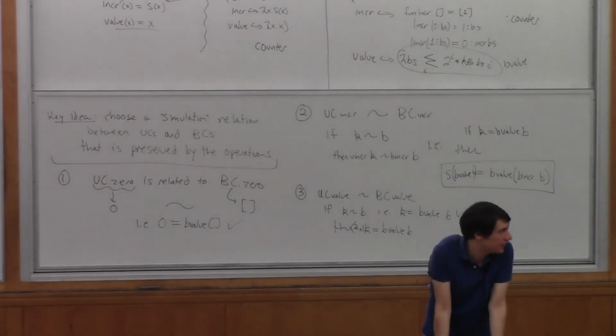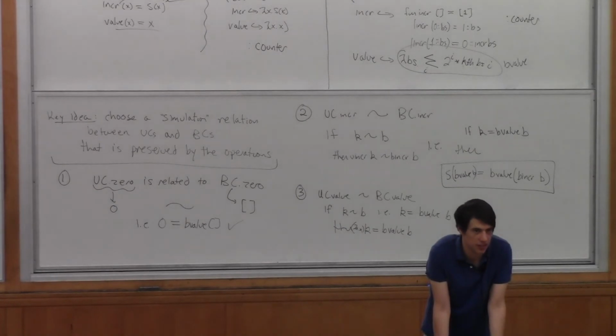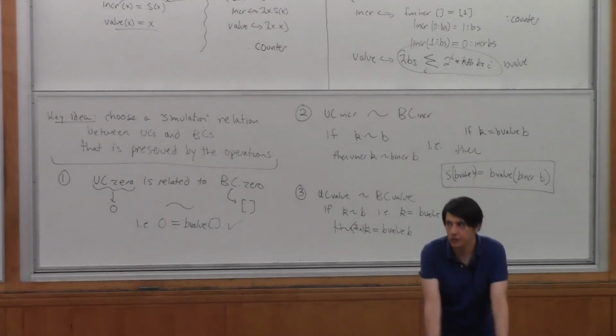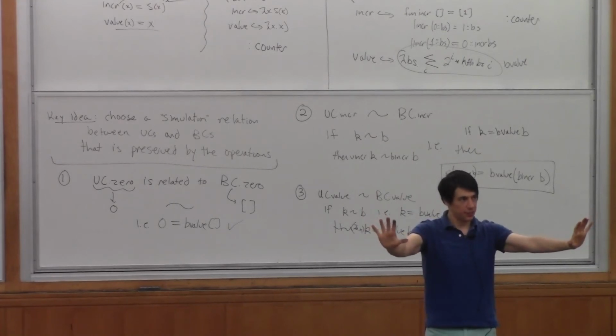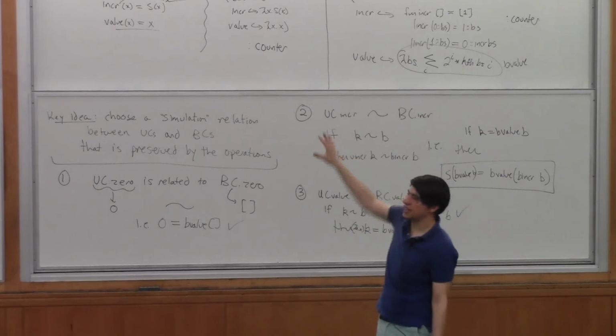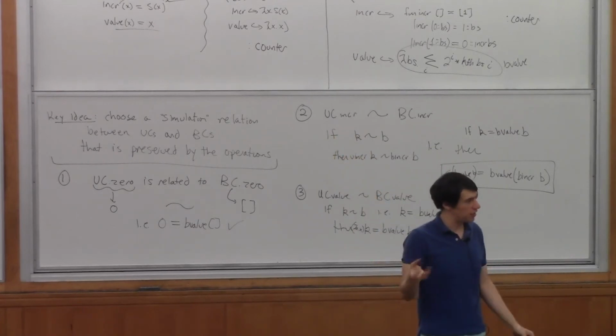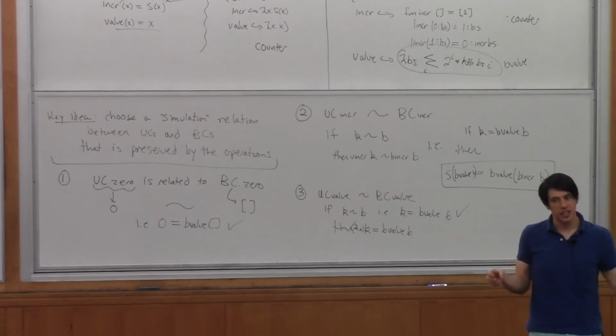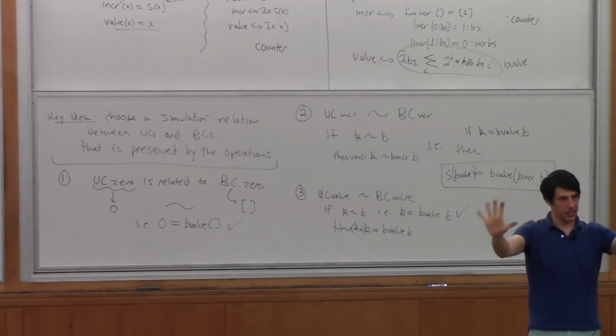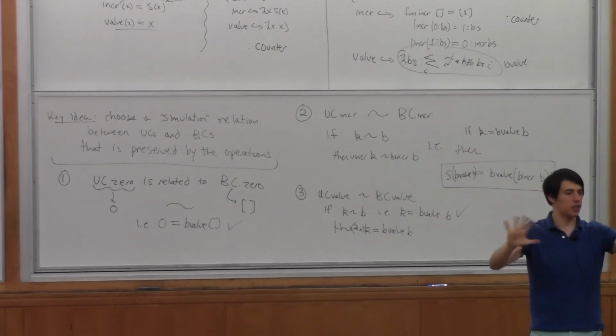OK, so high level, here's the picture. You have an interface. You have two implementations of it. One of them is easier to think about, right? We're taking that unary counter to be the definition of what a good counter is. One of them is faster or more space efficient or otherwise clever. You want to show that no client can distinguish between this faster one and this original one.